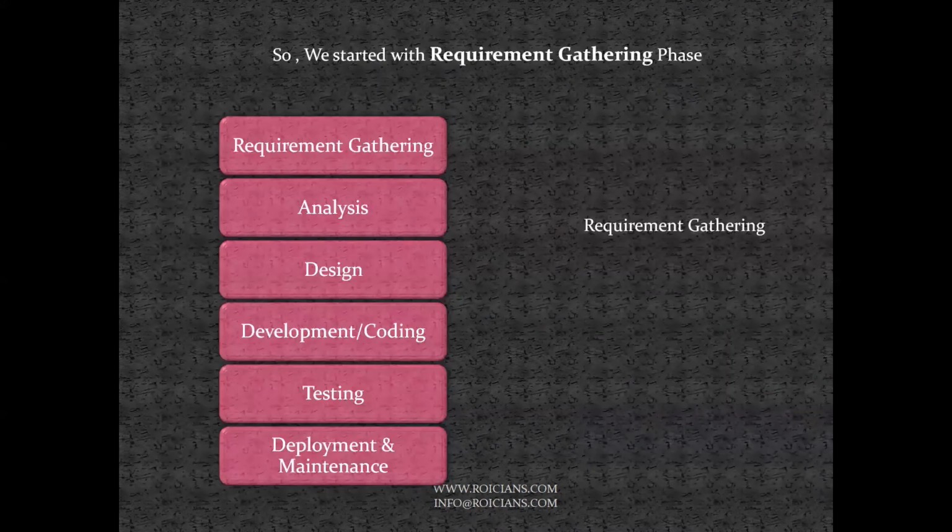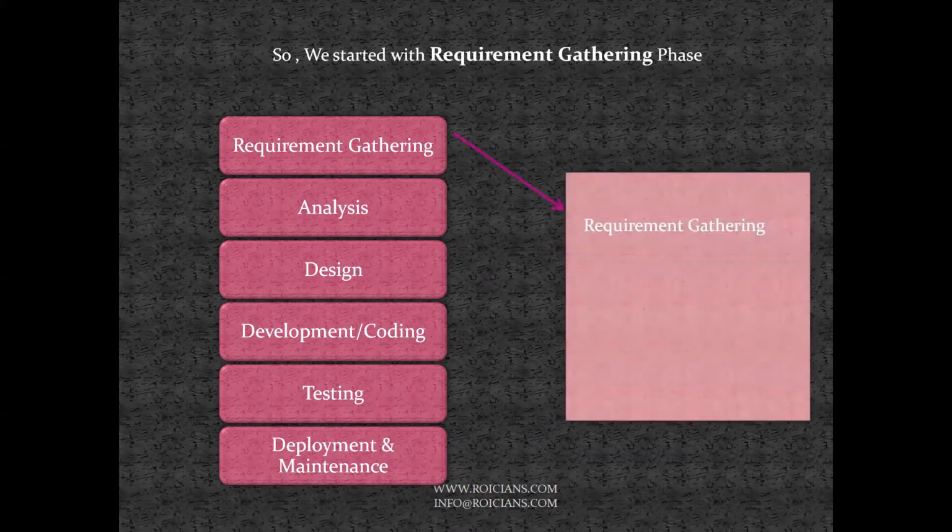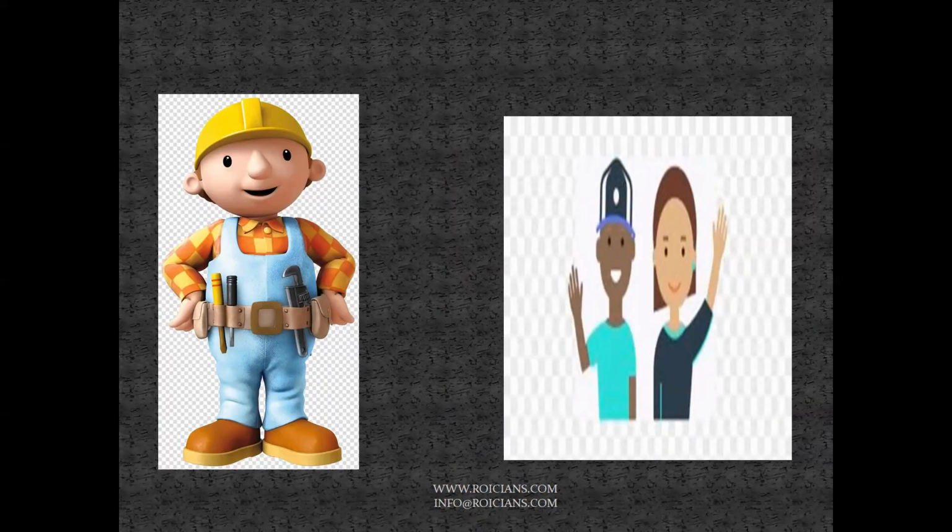So guys, what was that? It was the requirement gathering phase in which Mr. Bob gathered all the requirements from Mr. Klein. Now we'll move forward to the next phase in which Mr. Bob will give the requirements to his team for feasibility study. Now the team will study the requirements with respect to time estimation, cost estimation, whether they do have that material to build the house or not.